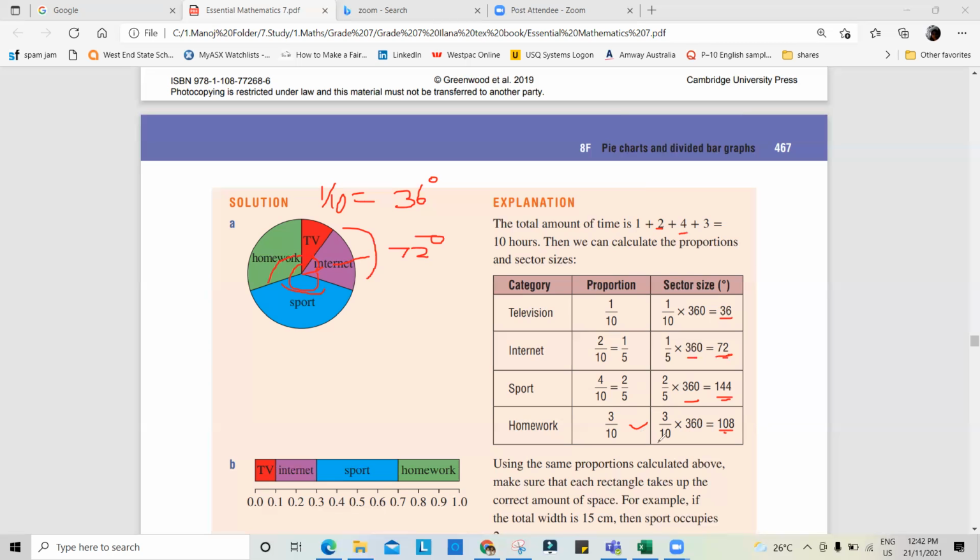If you look at that, how many portions: TV is 1, internet 2, sports 4, and homework 3. Total will be 10. Now this is the pie chart to represent. That's all. If you just get this table right, you are okay.